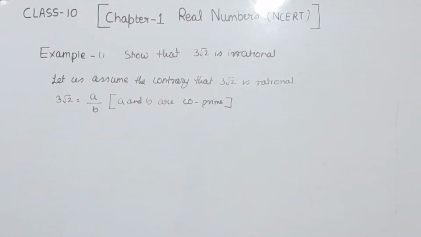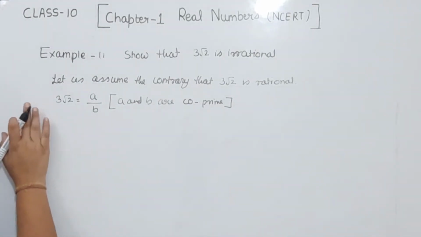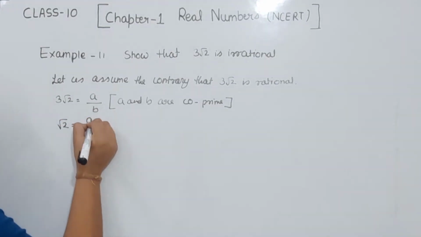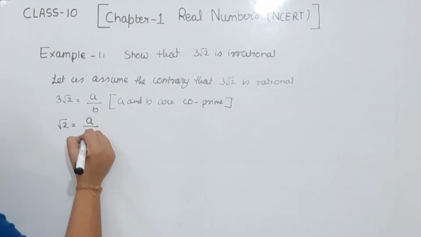Now we are going to transpose this 3 from the left hand side to the right hand side. So we will have root 2 equal to a by 3b.